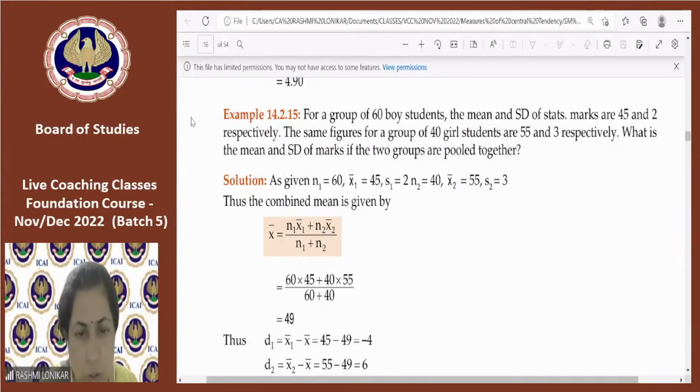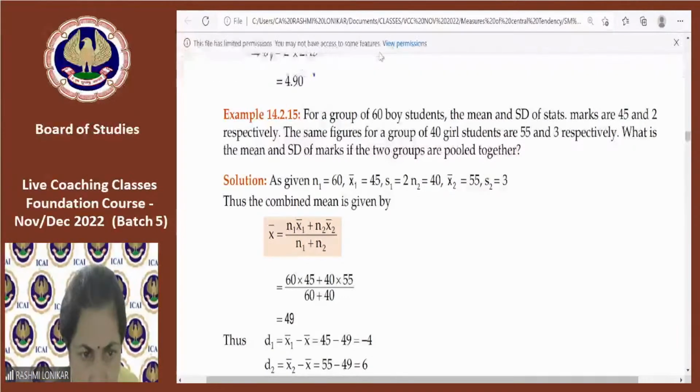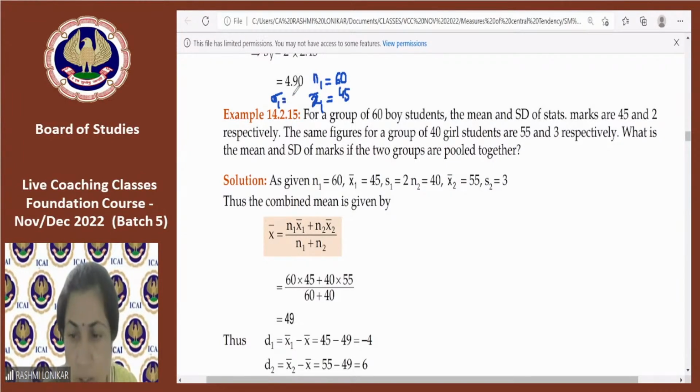Okay. So, first we will find N1. N1 is equal to 60 because there are 60 boys. X1 bar is 45. Sigma 1 is equal to 2.